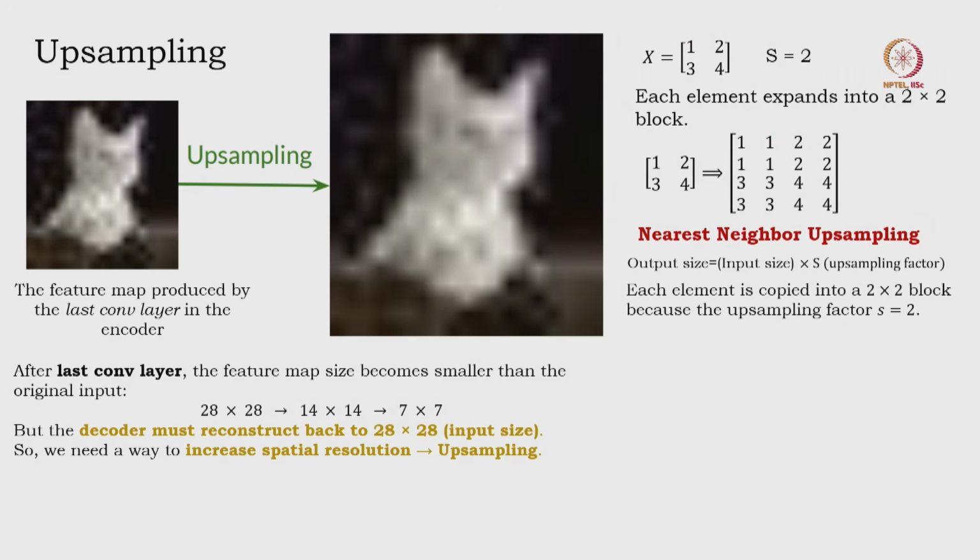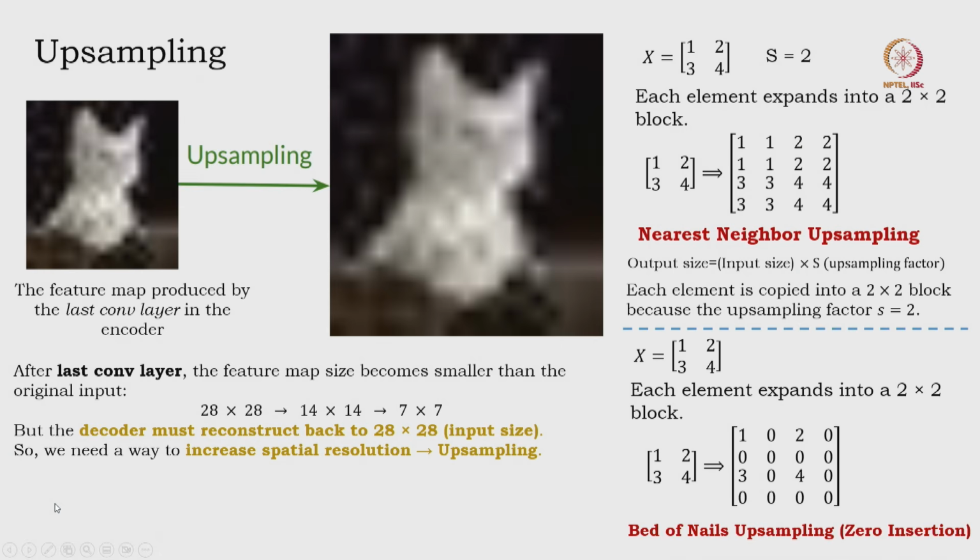So, what will be the output? Here the input is 2 cross 2 and the sampling factor is 2. So, multiplying, you get 4 cross 4. That is the output 4 cross 4, where nearest neighbor means whatever the value is, the same value you are going to copy in each of these places. That is nearest neighbor upsampling.